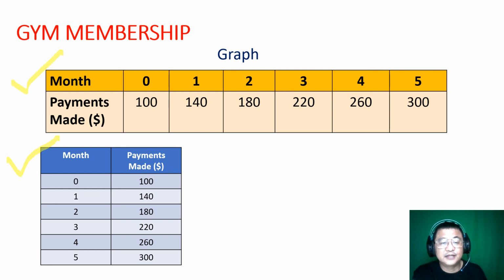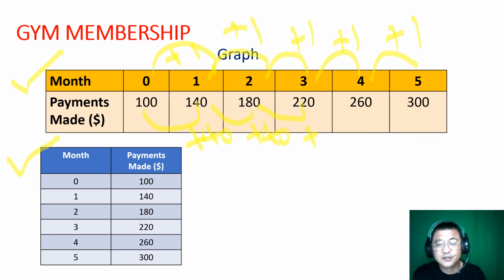You would see that for every month it goes up by plus 1, right? 2 became a 3 plus 1, 3 became a 4 plus 1, 4 became a 5 plus 1. So the pattern is consistent. Going up by months, goes up plus 40, plus 40, okay, plus 40, right? 220 became 260 plus 40, 260 became 300 plus 40.